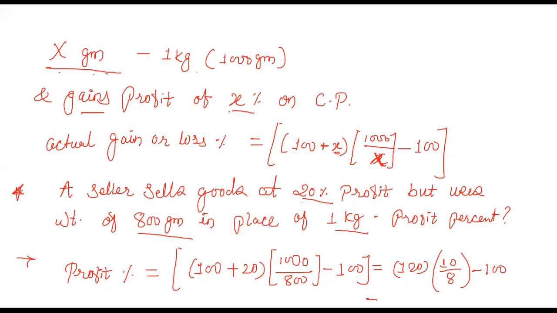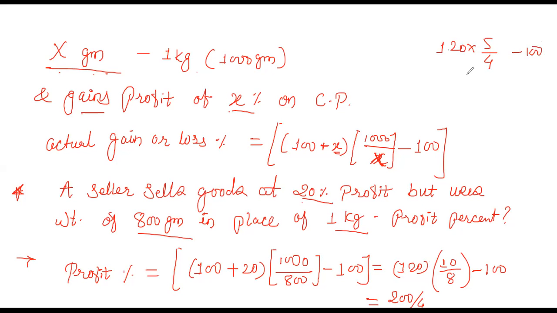Calculating it, 10 by 8 means it will be 5 by 4, so 120 into 5 by 4 minus 100.